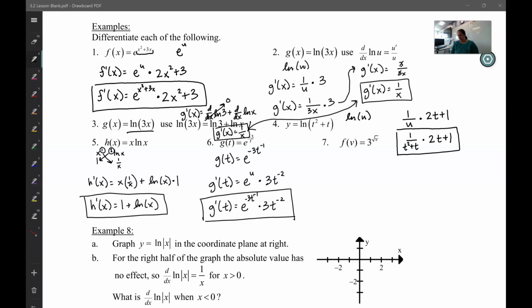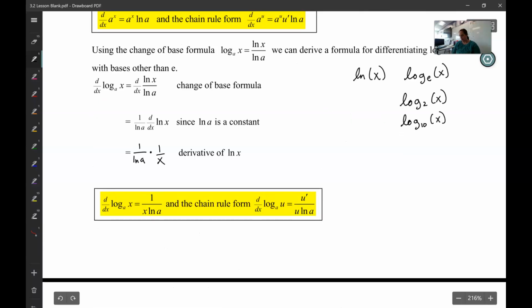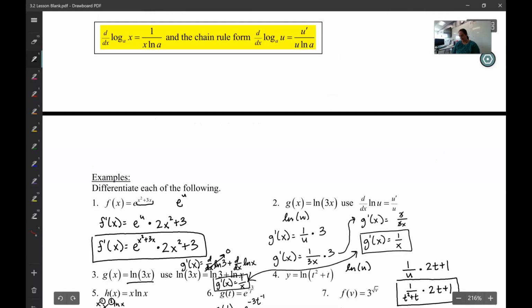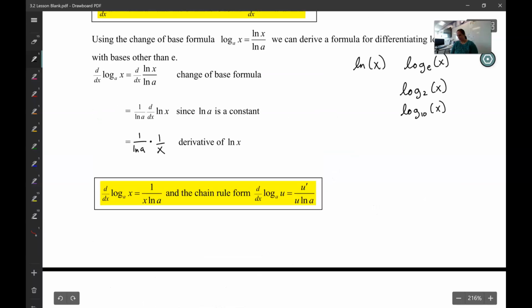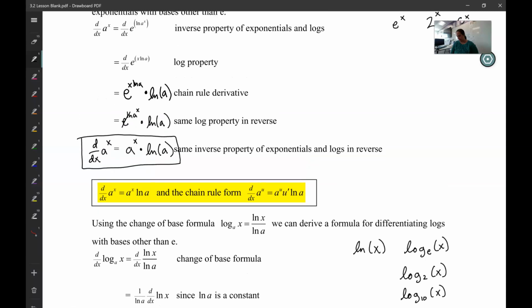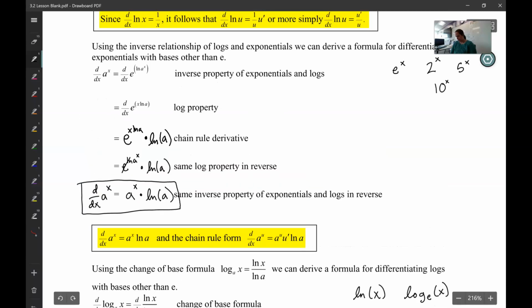Number 7 is the first time we're going to be using our rules that we learned. More specifically, let's rewrite this as 3 to the v to the 1/2, which is going to be this rule right here.